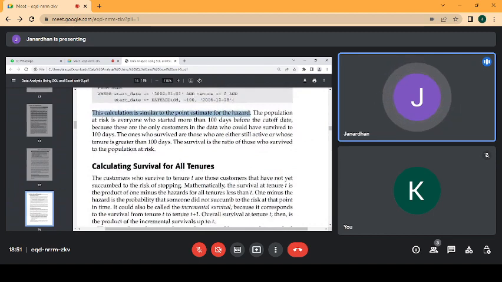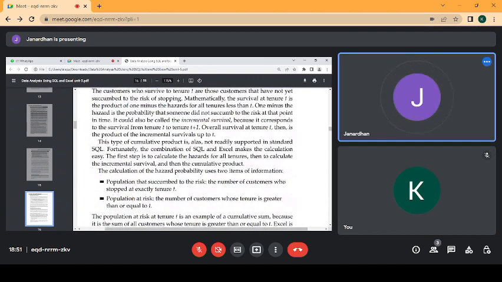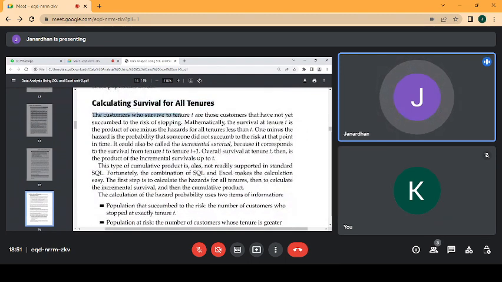Right, calculating survival for all tenures. How to calculate the survival for all tenures? The customers who survive to tenure T are those customers that have not yet come to the risk of stopping. Mathematically, the survival at tenure T is the product of 1 minus the hazards for all tenures less than T. 1 minus the hazard is the probability that someone did not come to the risk at that point in time.